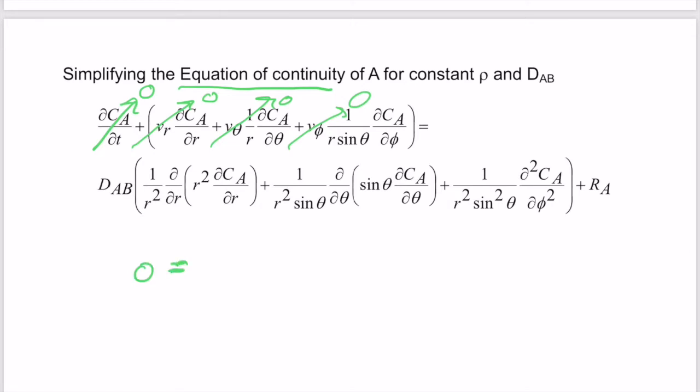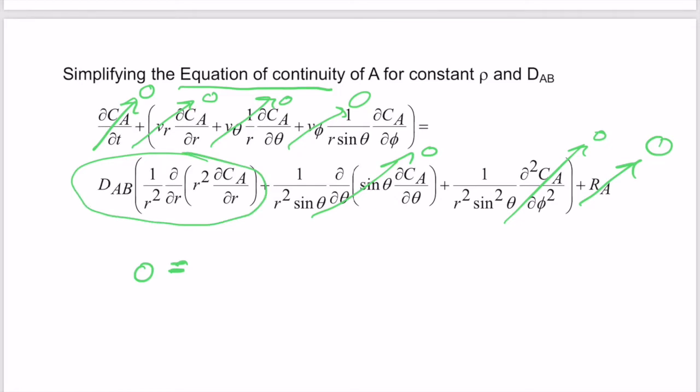On the right side, over here we have no reaction rate. And also, we're going to assume that there's no change with regards to theta or phi. So it's just a function of radius.